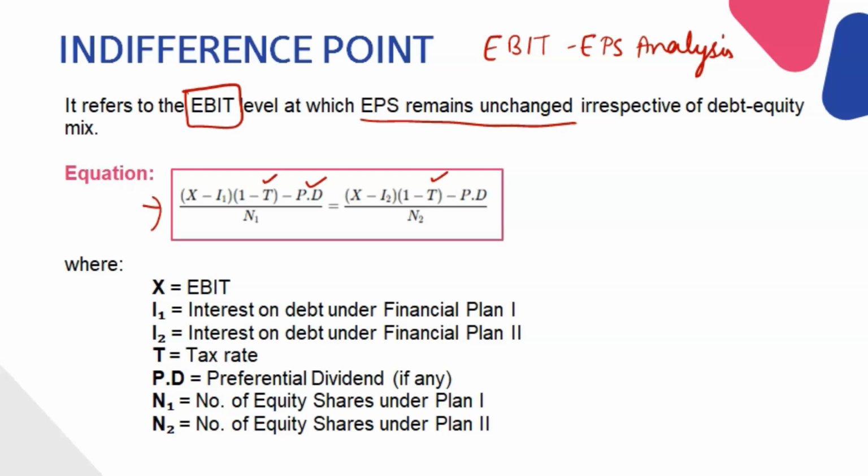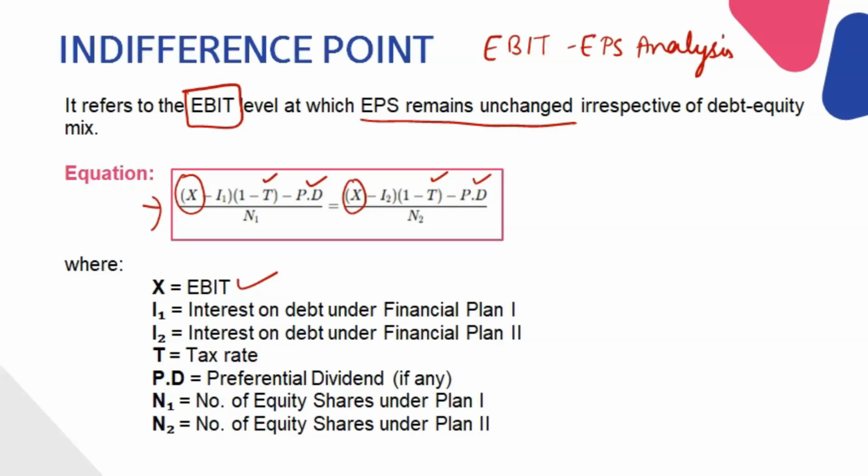PD is the preference dividend. If dividend on preference shares is given, that will remain the same, that we have to take. And X is what we need to calculate. X is EBIT, because we have to find out the EBIT level at which EPS remains the same.